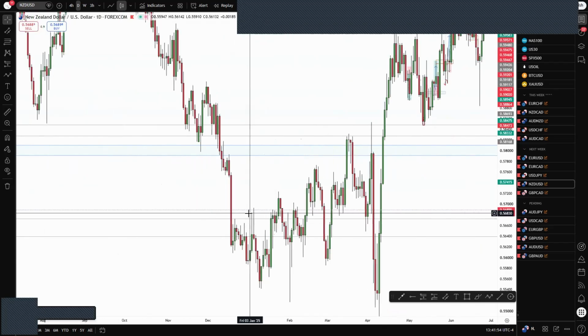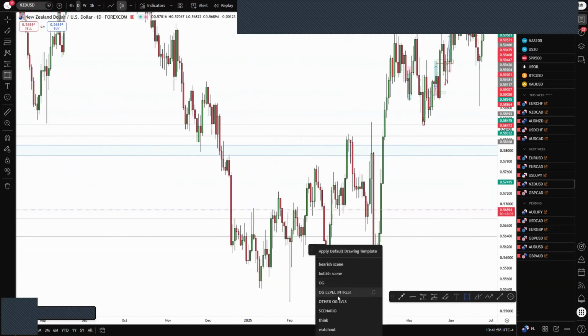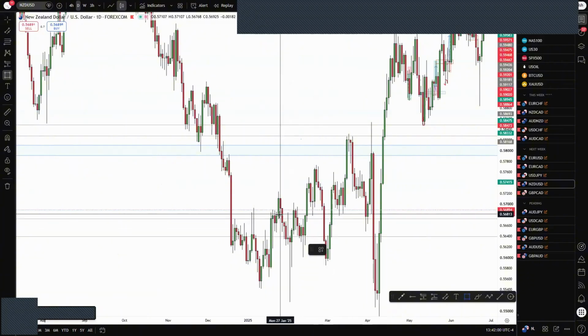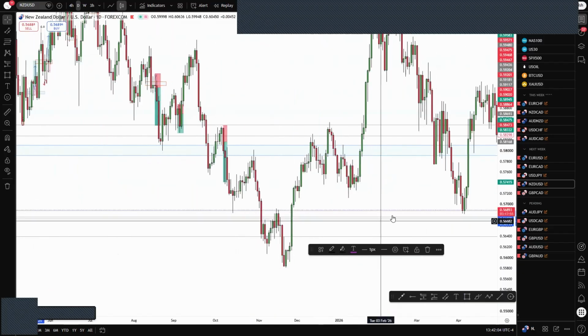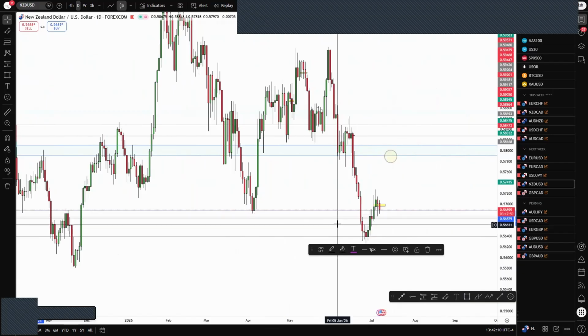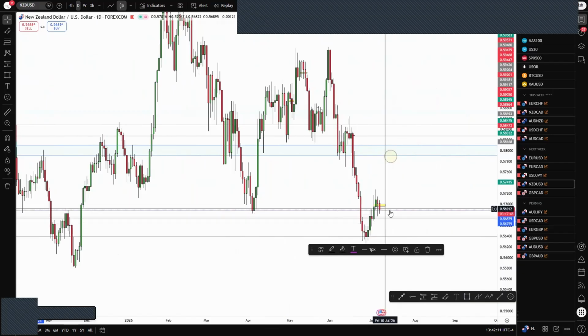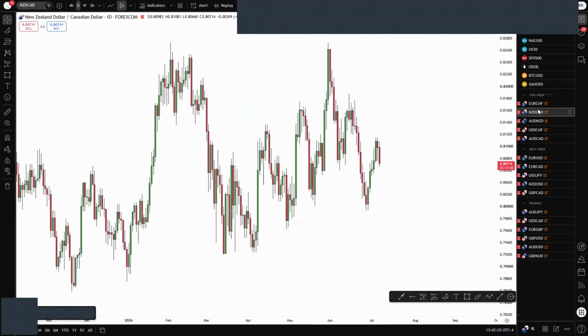Oh yeah, it can really be, if you consider these two touches. So it's really a tight spot. I'll be very careful in taking this sell.